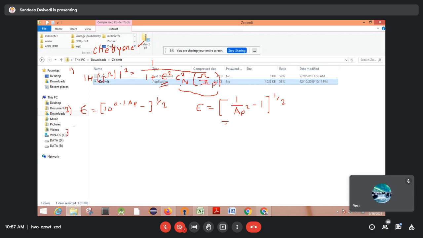So third thing is the order of the filter. The third step is you need to find out the order of the filter, or before that the cutoff frequency, omega c.